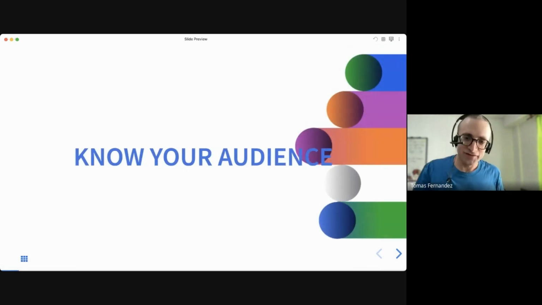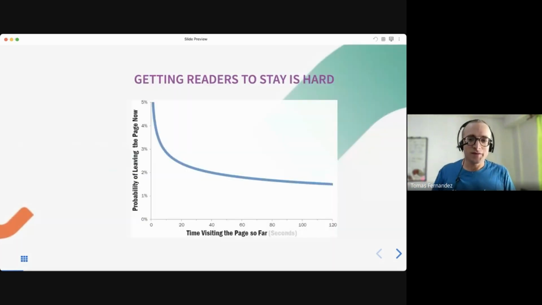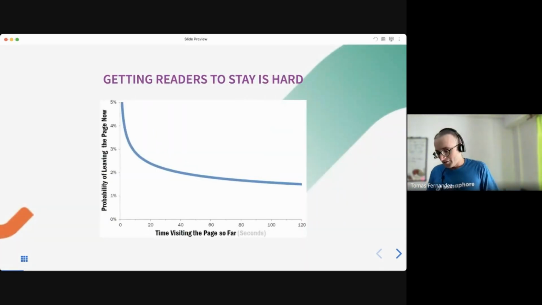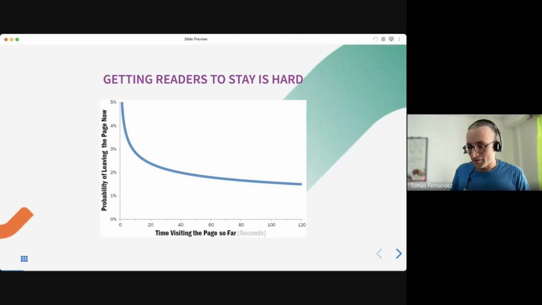Let's talk about the first talking point, which is the audience. Some years ago, Microsoft did some research about the bounce rate, which means how people read online, how likely a person is to stay on a page, instead of opening it and going back.